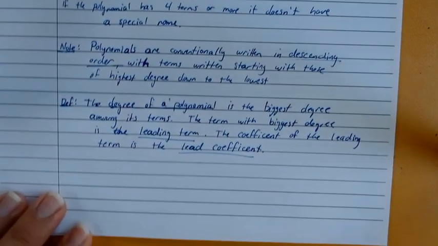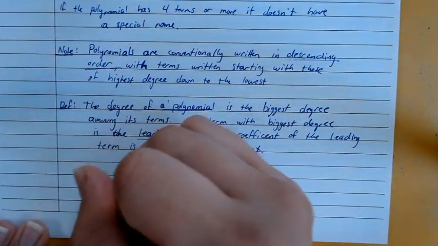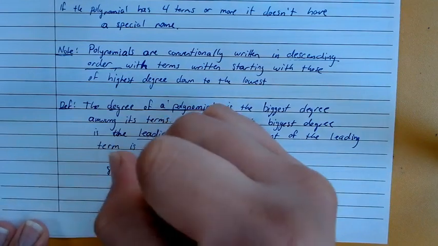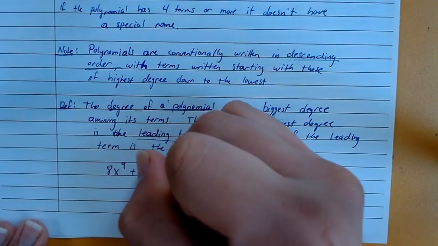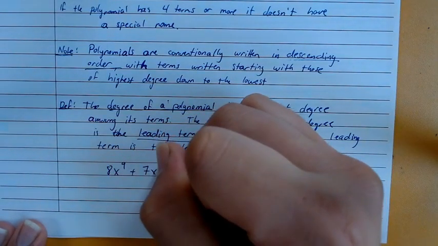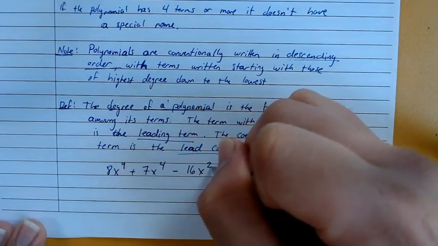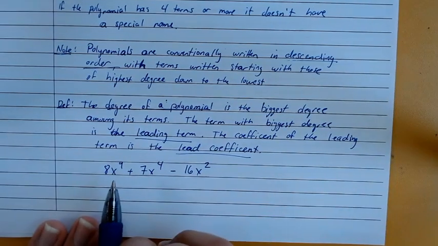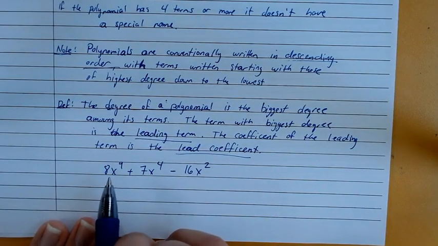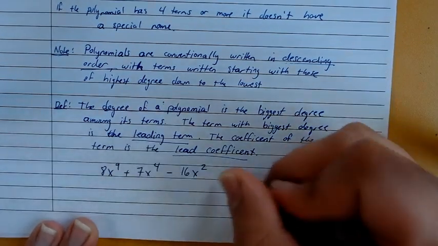So as an example, let's say we have 8x to the power 9 plus 7x to the power 4 minus 16x to the power 2. All right, this is a trinomial because it has 3 different terms.